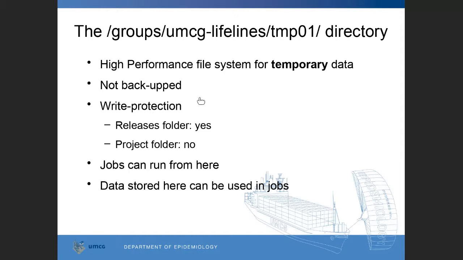I think they say that it will be cleaned every 90 days, but so far I haven't seen any of my files disappear or be deleted. Nevertheless, it's good to know that this is not backed up, and it could be that they clean the files at some point.